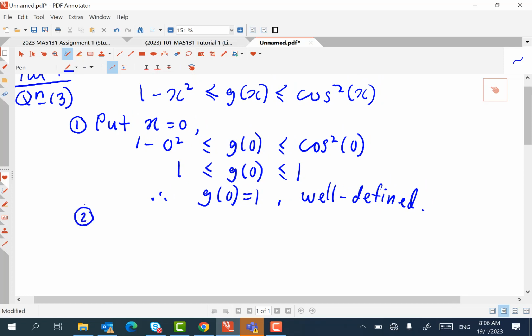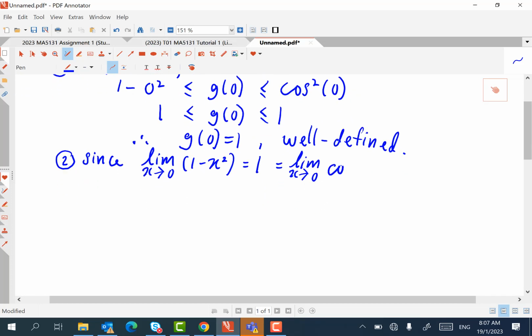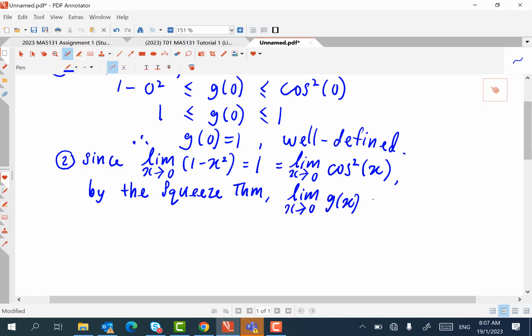The second point you want to do is, since the limit as x goes towards 0 of 1 minus x squared is equal to 1, which is equal to the limit as x goes towards 0 of cos squared x, by the squeeze theorem, the limit of g(x) is therefore equal to 1.